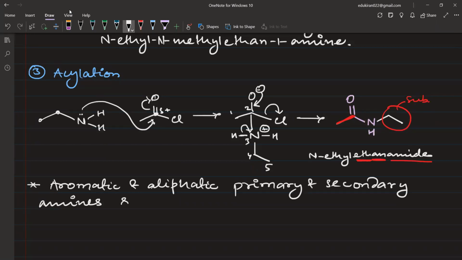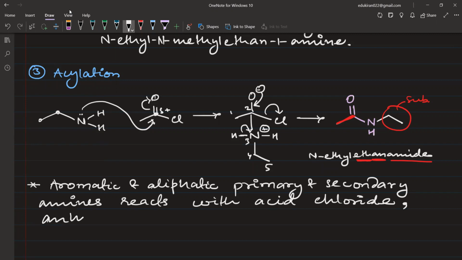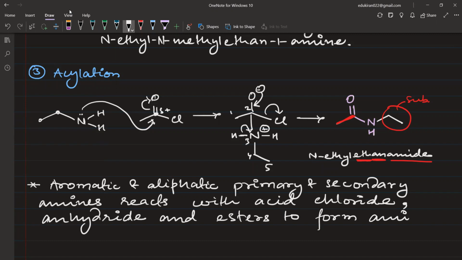That means reacts with acid chloride, anhydride and esters to form amides.